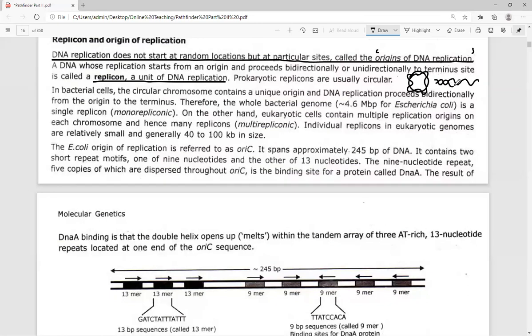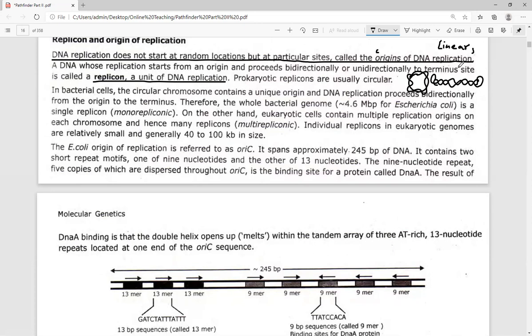This is the double-stranded DNA molecule which is linear, and it is always closed at its ends. Every eukaryotic DNA molecule is closed at its ends. Its ends are never left open.